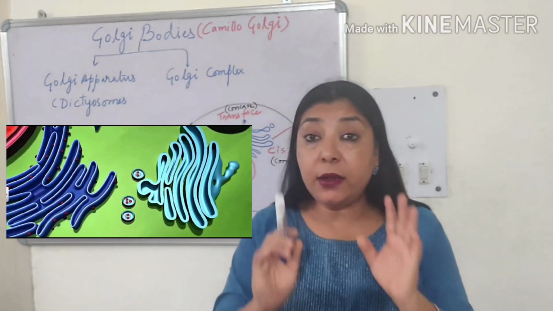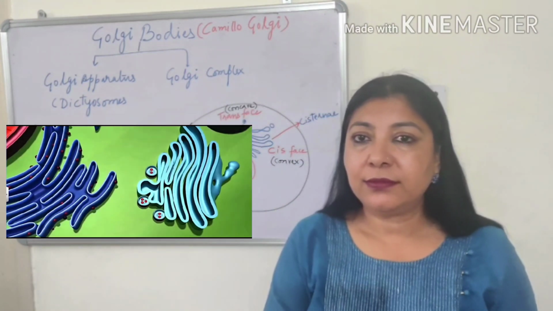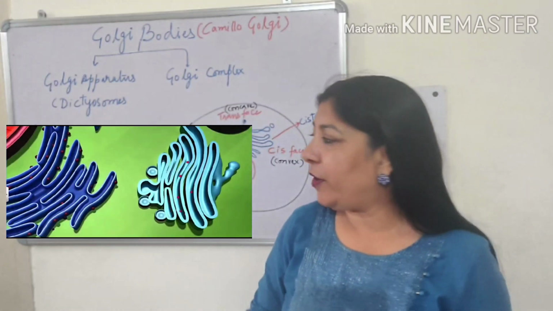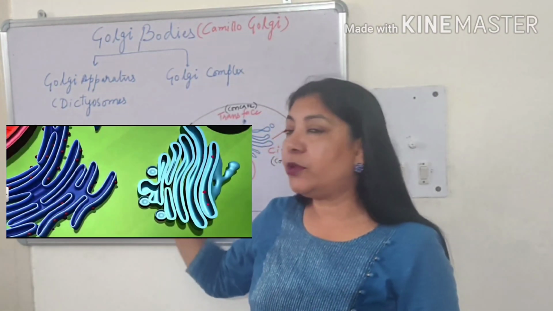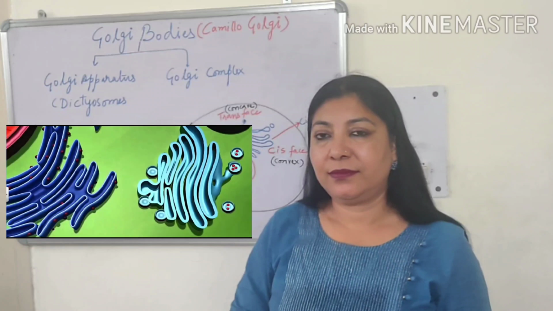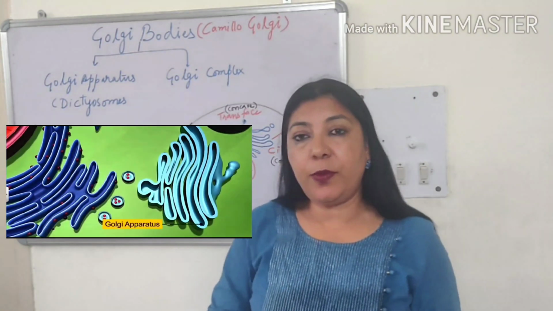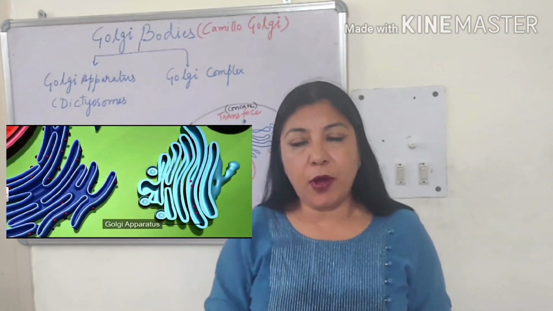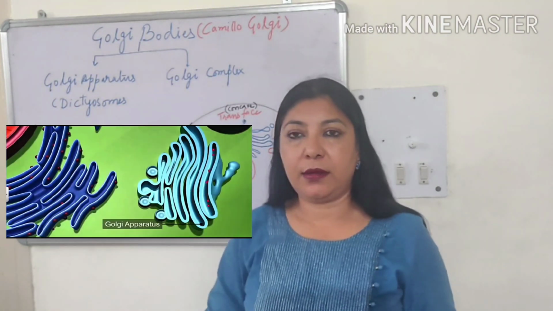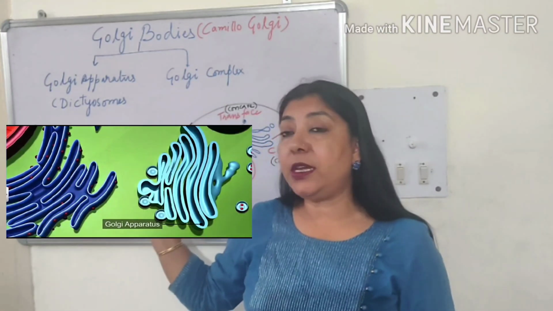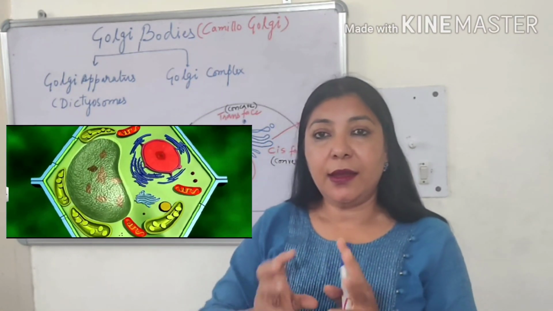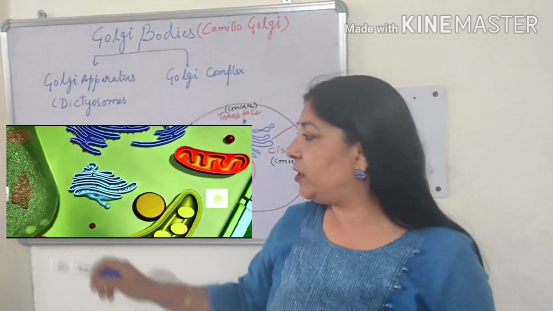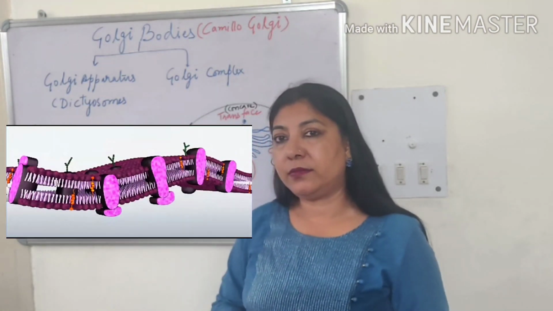Second, it not only packs, it also does value addition, or you can say it helps as a processing system. How? Suppose endoplasmic reticulum has metabolized a specific type of carbohydrate and a protein. So this Golgi body has the ability to process it into another complex substance which is called glycolipid.